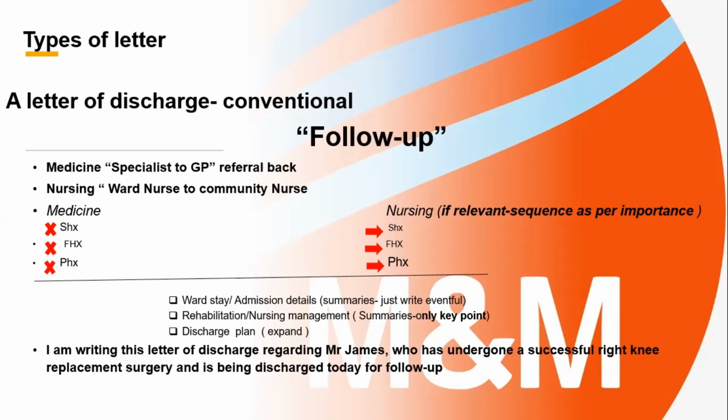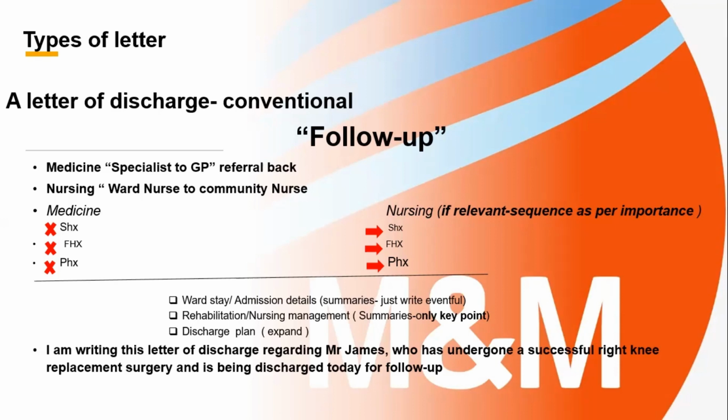Afterward, we can see that the structure is the conventional structure of writing a letter of discharge. What I mean by the conventional structure is at the time of discharge, when we are standing on the discharge day, it is important for you to understand that the information that has been given to you in the ward stay, there's a possibility there that they would have written something in very detailed form, but you need to keep that in your mind.